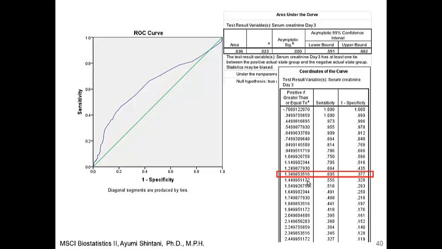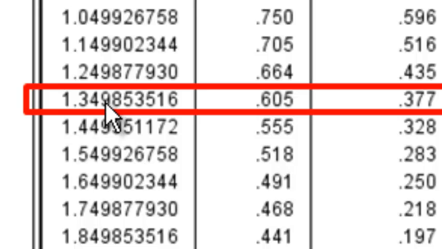Let's look at this, for example, where the sensitivity is 60.5% and 1 minus specificity is 37.7%. That is this point on the ROC curve, and this corresponds to a prediction based on a creatinine cutoff of 1.3498.